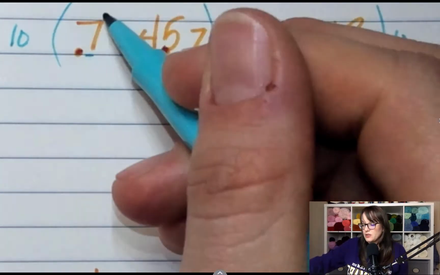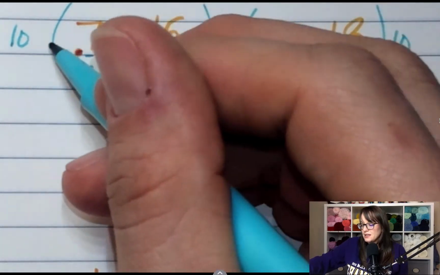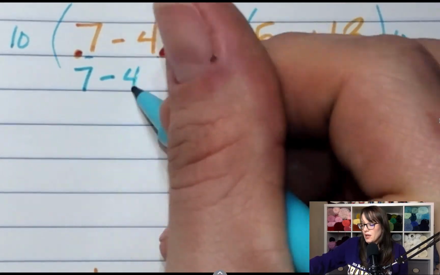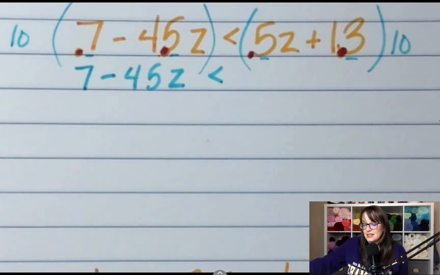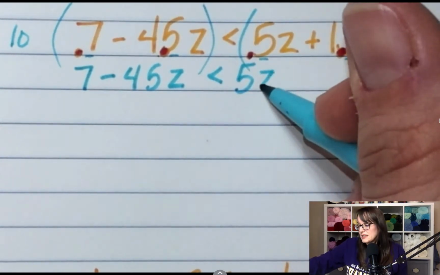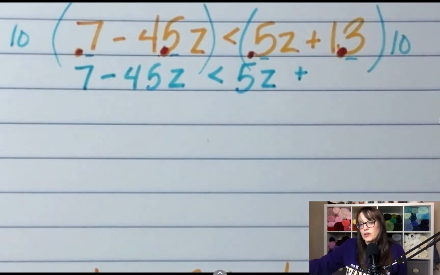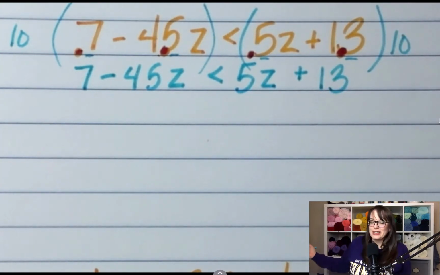So now 10 times 0.7 is 7 minus 10 times 4.5 now becomes 45 z's. That less than sign doesn't change. What about 10 times 0.5? That would be 5z plus, and 1.3 times 10 would be 13.